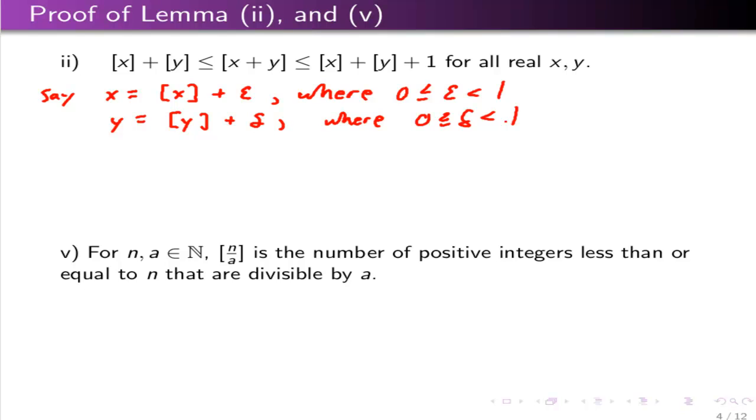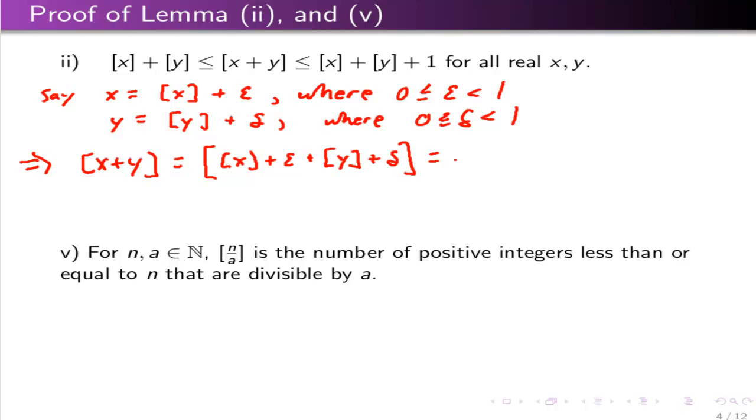Then when I look at bracket of x plus y, what does that equal? So you would put x plus y, so you have this integer plus an epsilon, this integer plus a delta. I'll use property 1 that says these integer quantities can be pulled out of the bracket.